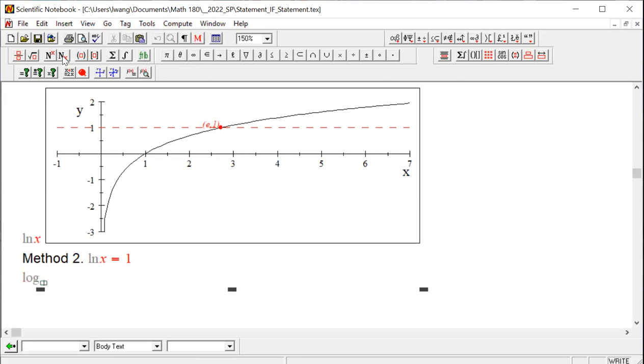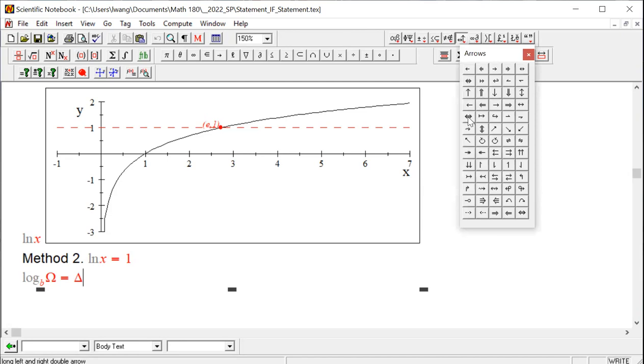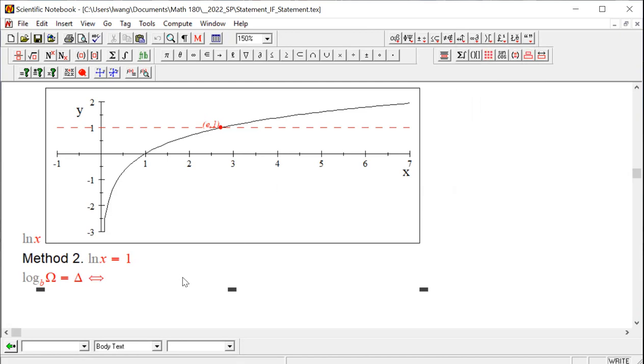Log base b of anything, this is the moment, and we're going to have specific sessions to review logarithms, equals triangle if and only if b raised to the power triangle. Remember, we also talked about domain and range of these, so this is the moment we get to use it.